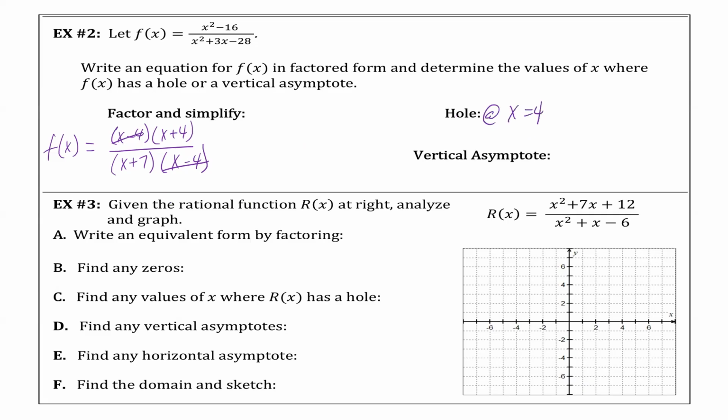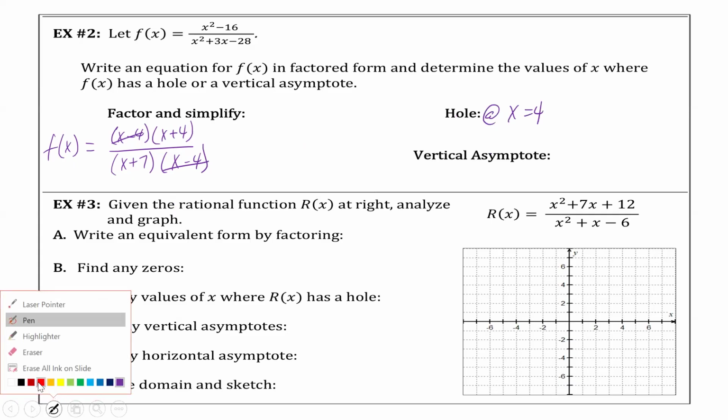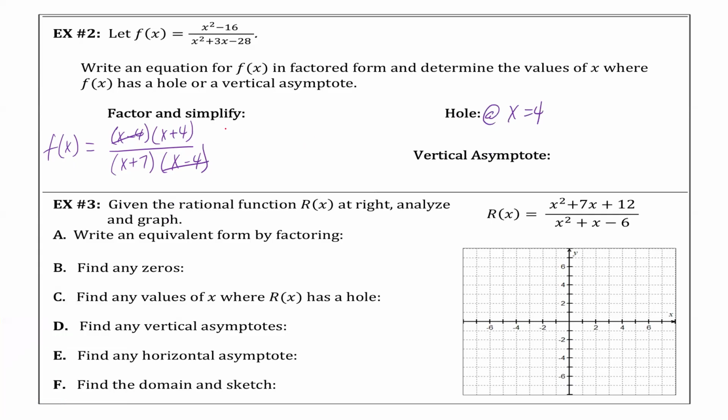There we go. Does anyone know the value of the hole? Does anyone find it? You just plug 4 into what's left, right? So to find the hole, we have 4 plus 4 over 4 plus 7, which gives us 8 over 11.